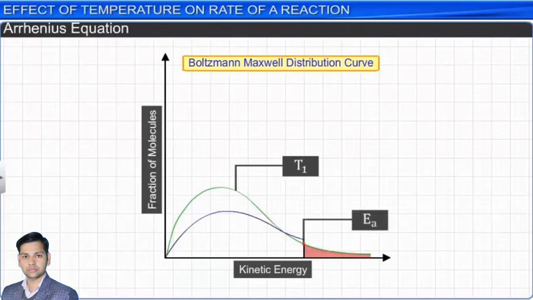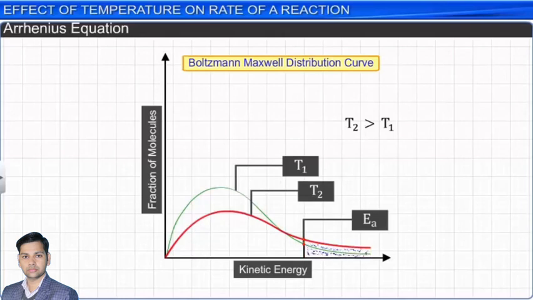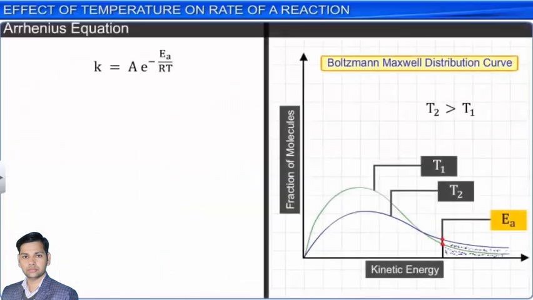As the temperature of the system increases, the peak of the curve moves to a higher energy value, and the curve broadens out to the right, such that there are a greater number of molecules with much higher energy. As the number of molecules with higher kinetic energy increases, the number of molecules that carry energy greater than the activation energy also increases.